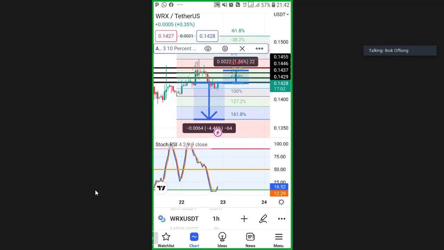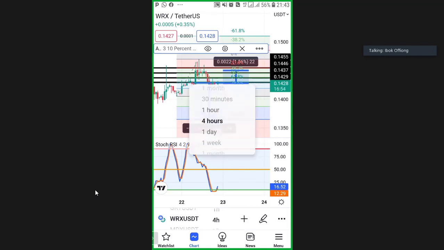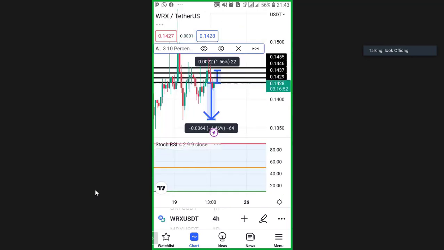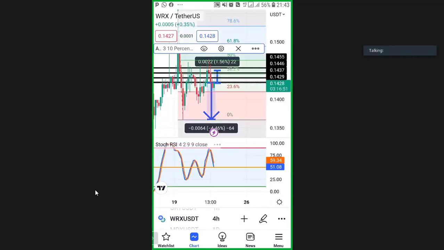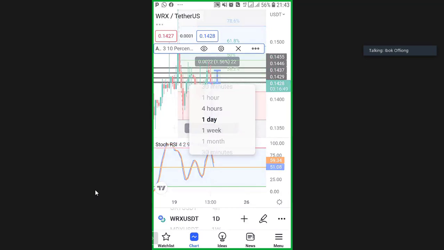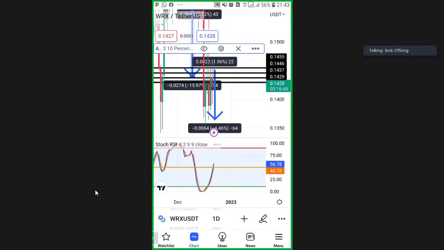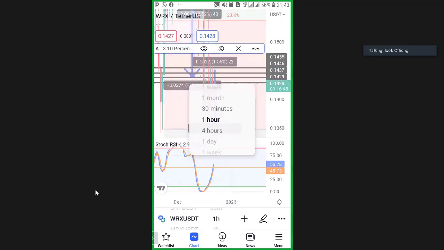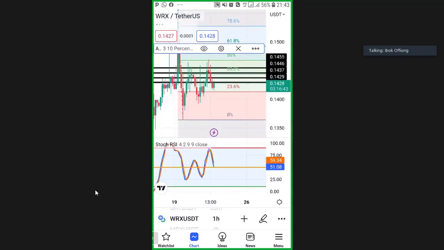I pick my coin, 1.5%. Simple as that. I just go to my screen and search for WRX. In fact, I'll drop this signal on the group because it's going to deliver. Let me drop this signal, WRX.